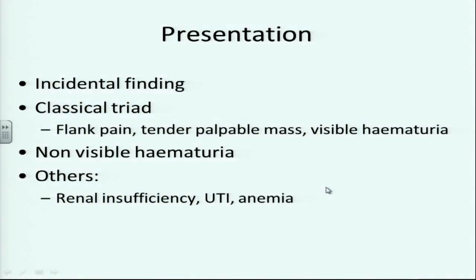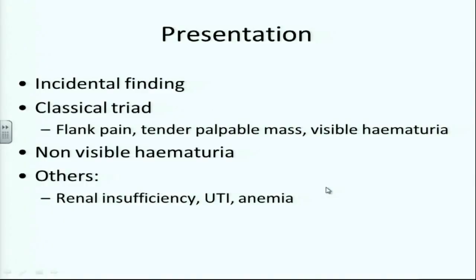And then there are some uncommon ones which are essentially a sign that it's really big. So if it's really big and it's starting to press on certain aspects around the body, then it can have mass effect. So the renal insufficiency, i.e. the kidney's not working that well, could be because it's got so big that it's pressing on normal kidney tissue and stopping it from working, i.e. a late sign.